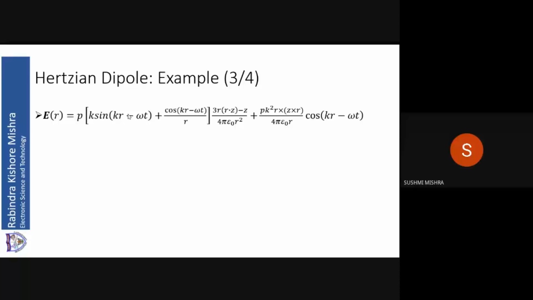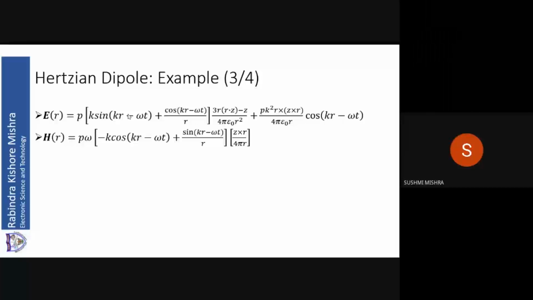These are actually z caps. I don't know why I cannot see the caps here. Plus P k square r cap cross z cap cross r cap divided by 4 pi epsilon 0 r into cos kr minus omega t.